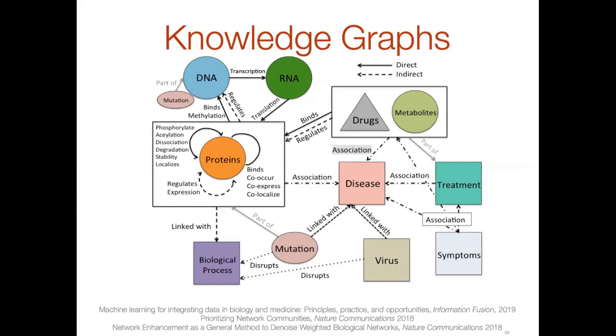There might be single nucleotide variations. There might be other pathways or biological processes. And when this complex data is brought together in order to integrate it and come up with one machine readable unified representation, this representation is then called a knowledge graph.